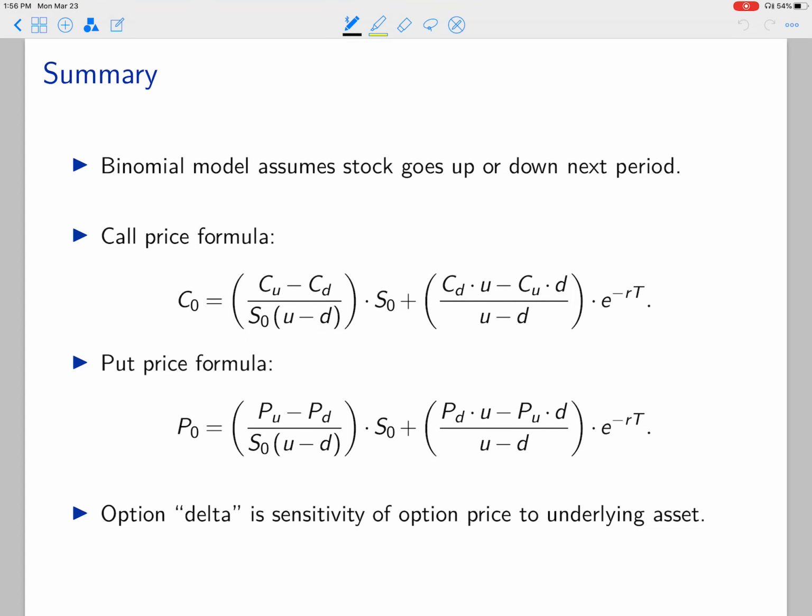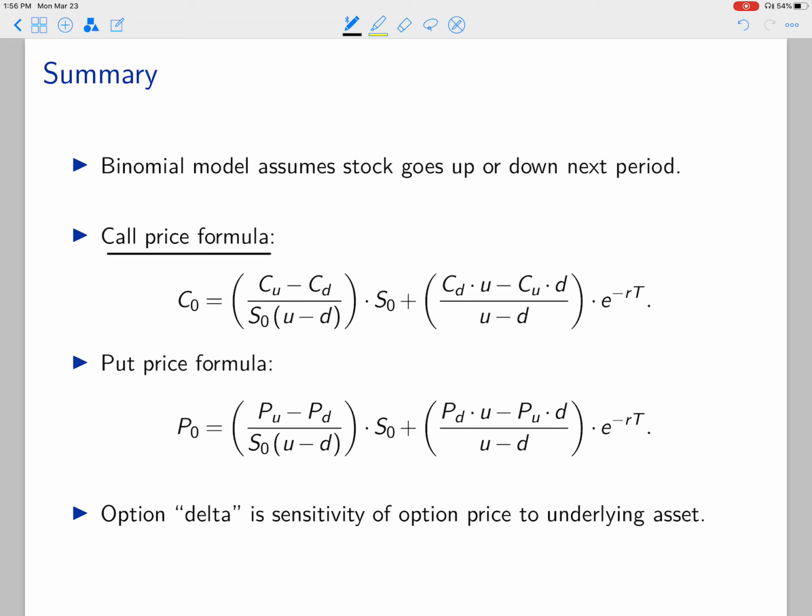So let's conclude. Lecture 11 was all about binomial pricing. We introduced the binomial option pricing model. It was extremely simple. It just assumed that the stock price can either go up or down in the next period. This simple model helped us derive exact formulas for call and put prices.